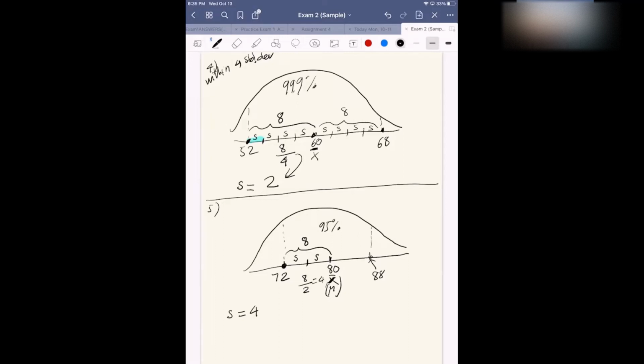So the standard deviation is 4. That's how you do it. You can use the same thing with the one on the right: 1s, 2s, and the distance here is also 8, and half of 8 is 4. So the standard deviation is 4, okay?